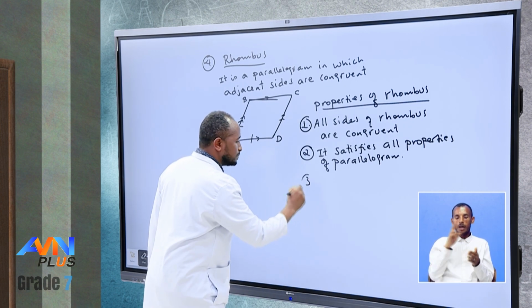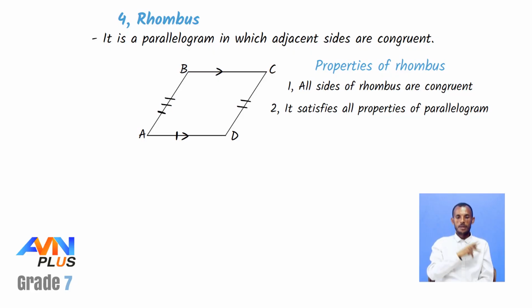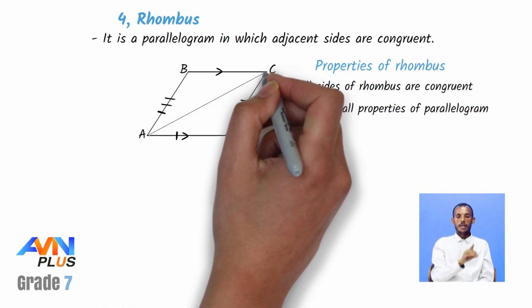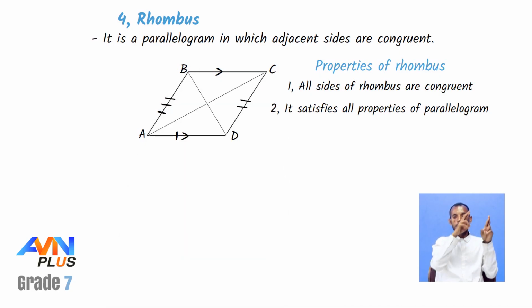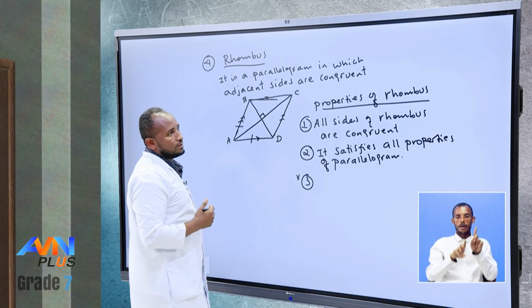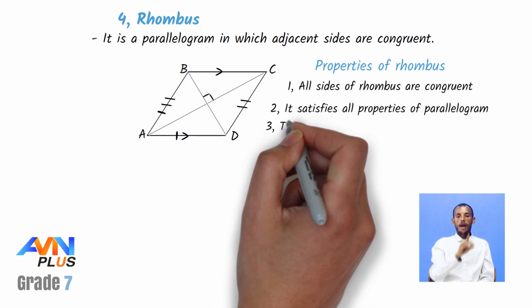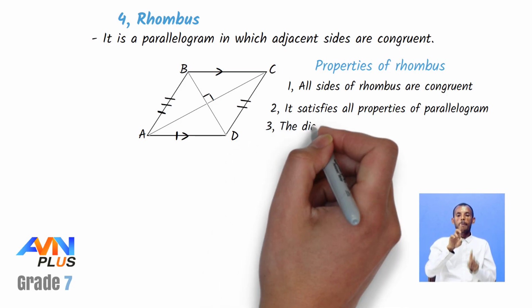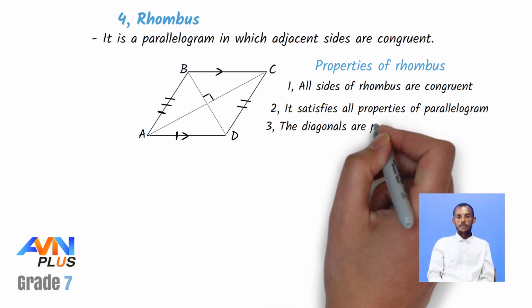Again, one special additional property for a rhombus is that the diagonals of a rhombus are perpendicular to each other.